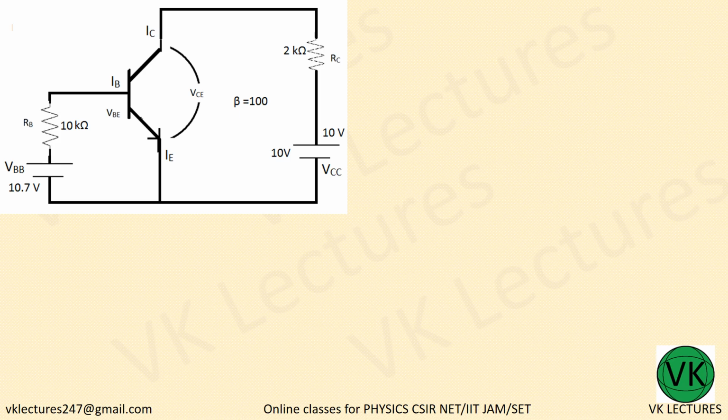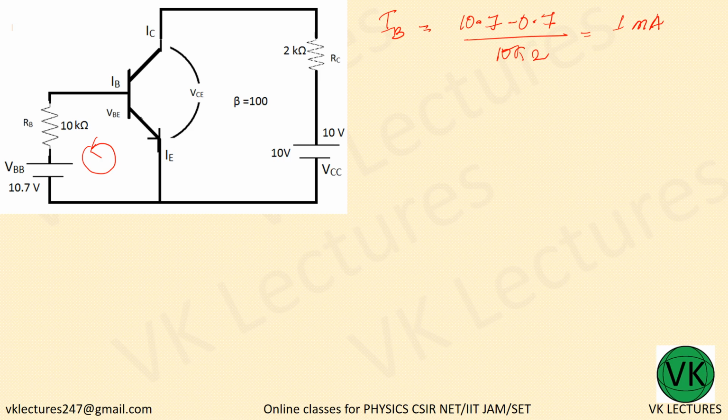Yeah. What is IB? From the input side we know that IB is equal to 10.7 minus 0.7 divided by 10k. So 10 divided by 10, that is 1 milliampere.